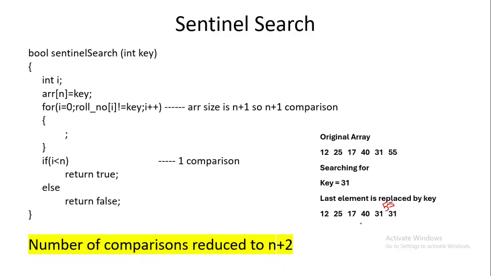So we are appending the element to be searched, 31, at the end. Now whenever it searches for an instance of the element 31 in the array, it will start from index 0, then 1, 2, 3, and 4. At this index we found the element. So the total number of comparisons required are 1, 2, 3, 4, and only 5 comparisons are done over here.